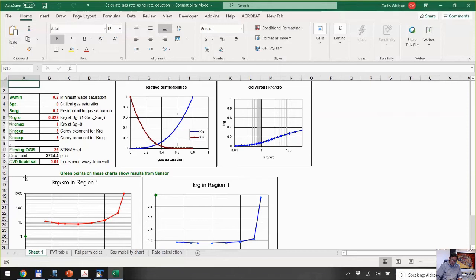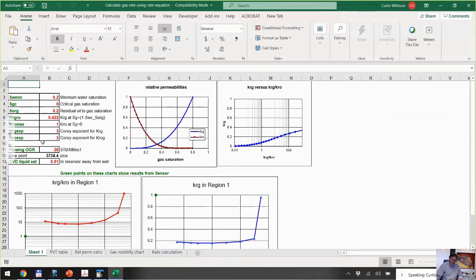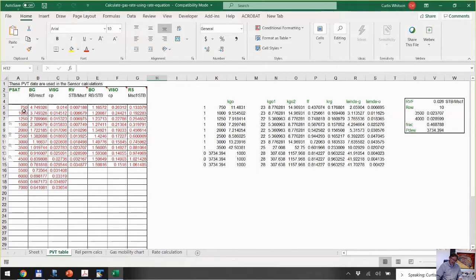Okay. Yeah, the relative perm sheet here, I think is being calculated. This is probably the SR, the analytical. These are the same as we looked at yesterday. Kind of the same thing we did yesterday with the KG/KO.